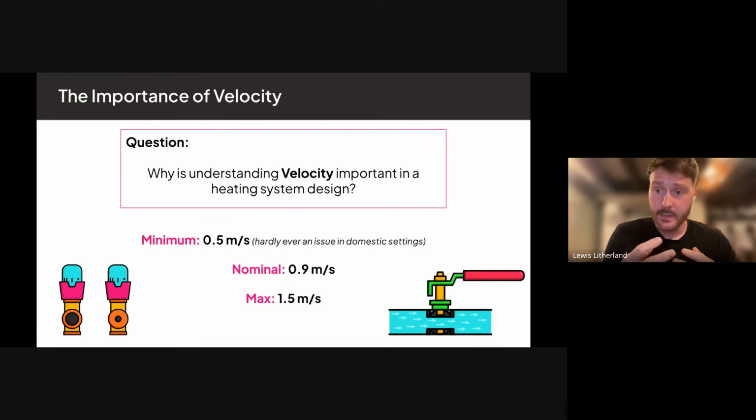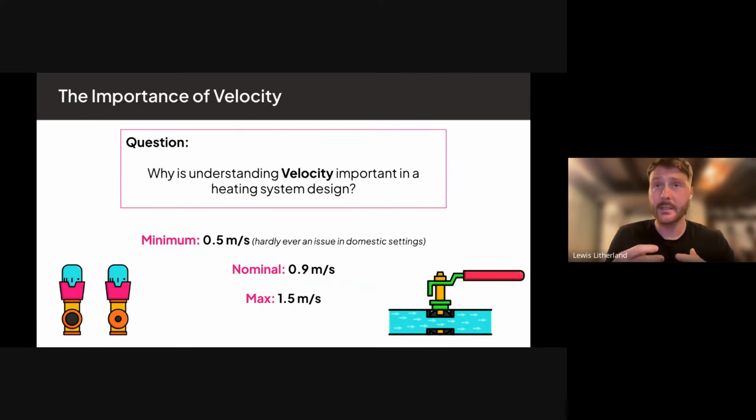And that there is a case for air, sediment, or all this kind of stuff if the velocity is too low, so the water's not moving as quickly as what it should do. So again, the minimum guidance is 0.5 meters per second, but in a domestic setting, maybe not too much of an issue. But the key one there is the 1.5 meters per second.